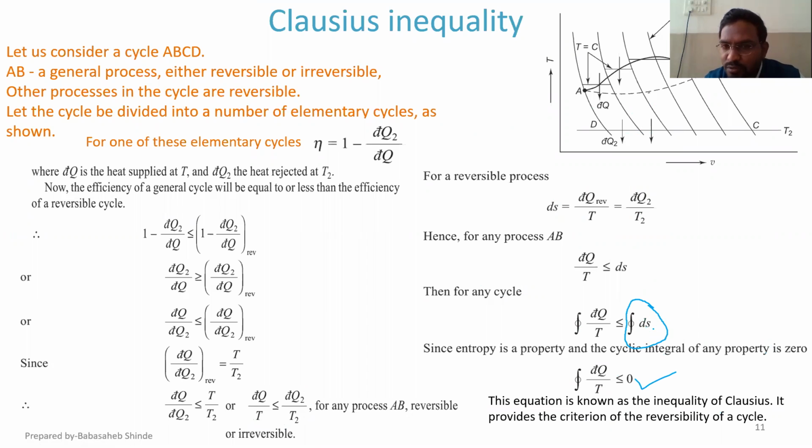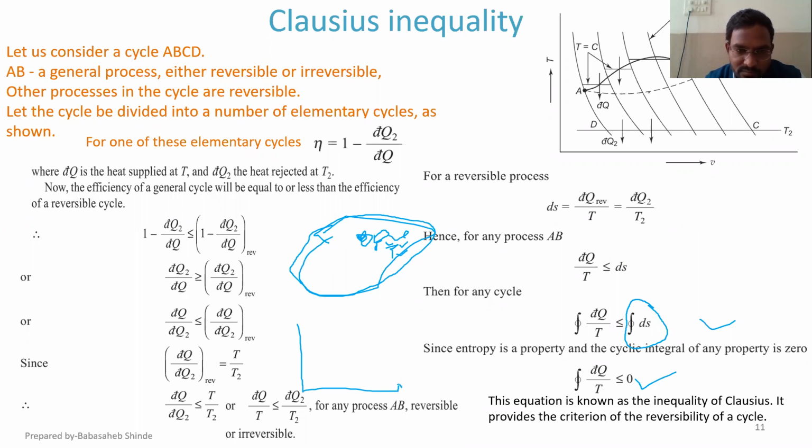We are considering entropy as a property of the system, and we know that if it is a property of the system, it will be independent of time. For a particular instant, if there is a system and a point has pressure P, volume V, temperature T, then these properties are going to be the same as long as the system is in that state only.